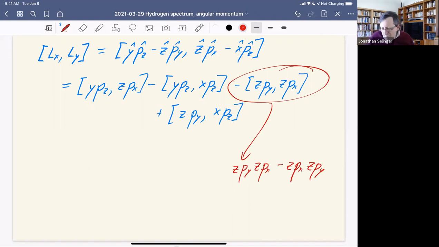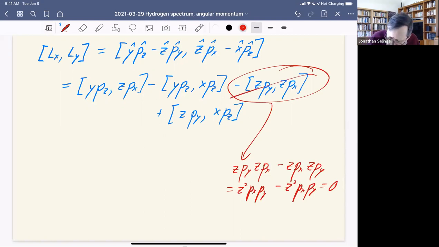But everything here commutes with everything else. There's no commutation problem for z with px or z with py or px with py. So this is equal to z squared px py, and this is equal to z squared px py. So this is equal to 0. There's no commutator there.